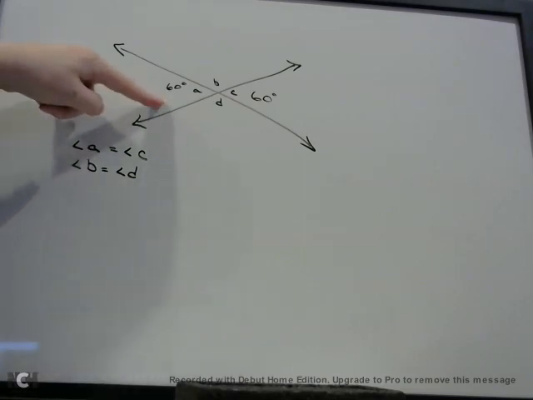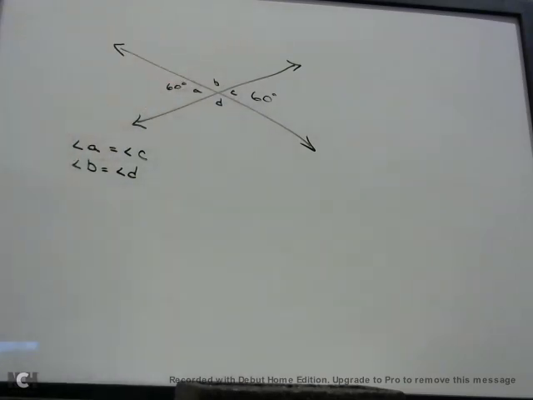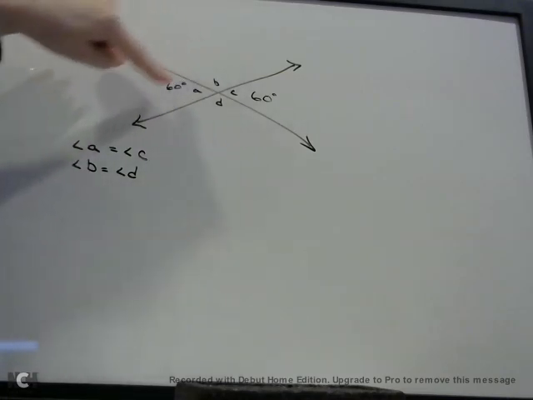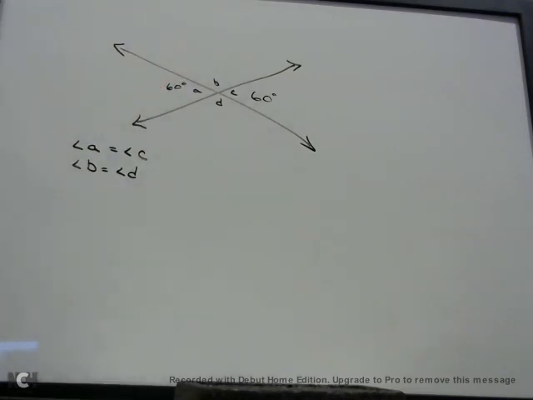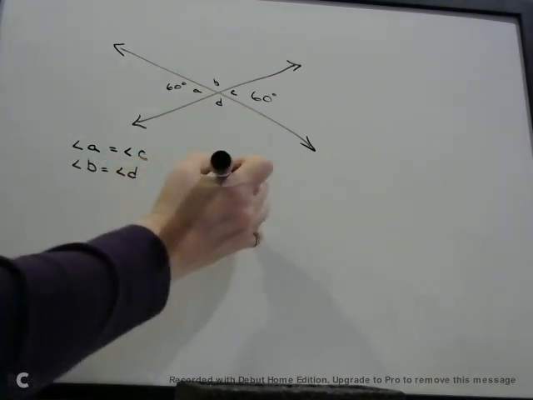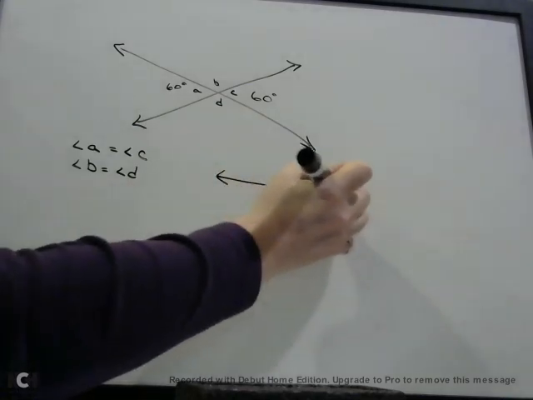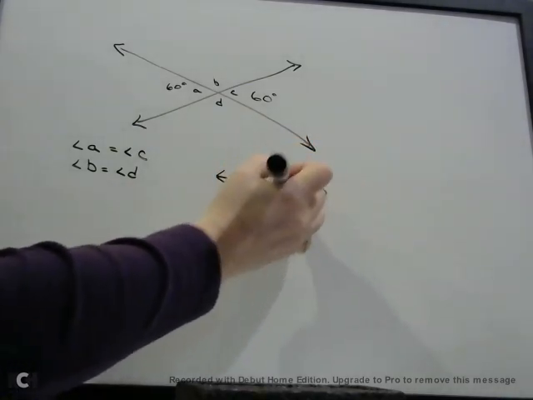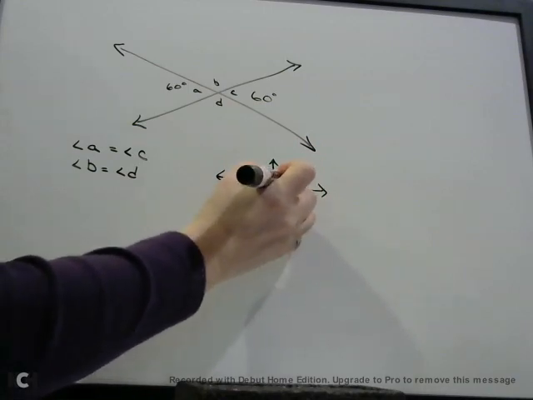Now, the other important concept to know, if you watched the video on some basic geometry terms, is that the measurement of a line is 180 degrees. So these two angles have to be supplementary. Supplementary means that when you add the angles up, they have to equal 180 degrees. A lot of people understand a right angle, meaning 90 degrees.